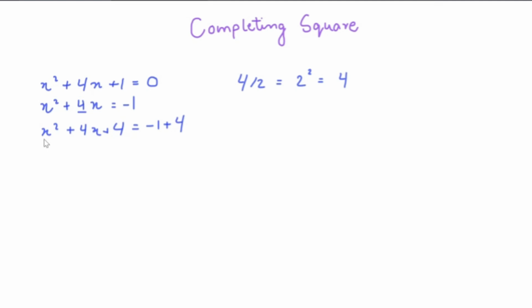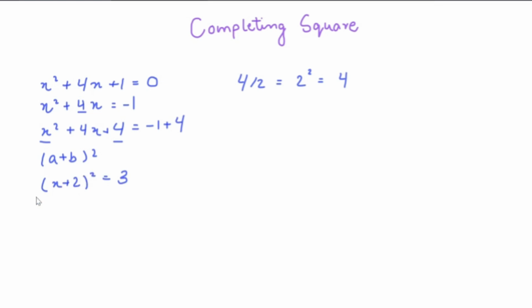Here we can see that we can apply the formula of a plus b whole square. Here our a would be x and our b would be 2, and if we apply this formula we can write this as x plus 2 whole square is equal to, here if we solve this we got 3.